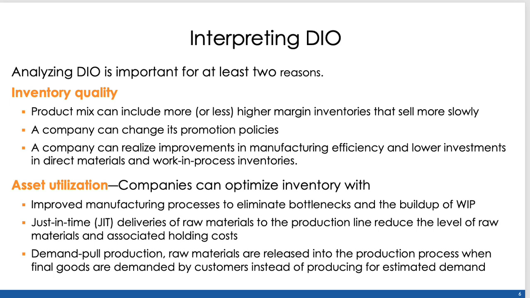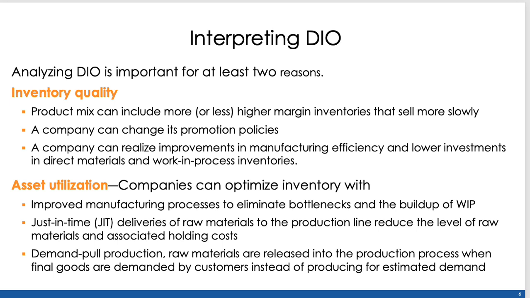And so what is the mix that management has chosen to bring to market? What are, second bullet point, the promotional policies that the company is using or has put in place to try and attract customers and keep them loyal with repeated purchases?